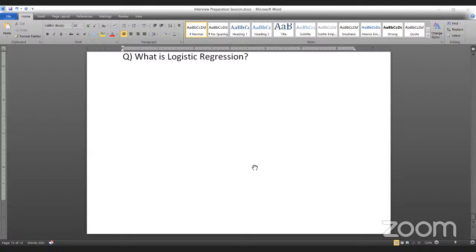If we take an example, we can say whether it will rain or not. That is a binary problem.